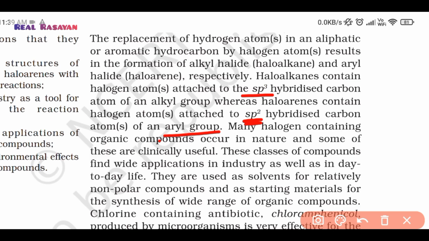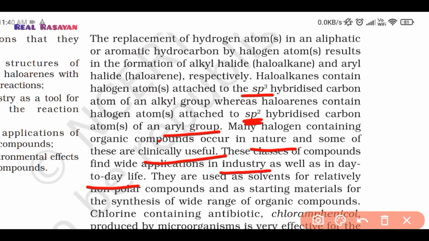And these haloalkanes and haloarenes, containing halogen atoms in these organic compounds present in our daily life or in nature, are clinically useful. There are many wide applications in industry and in our day-to-day life.